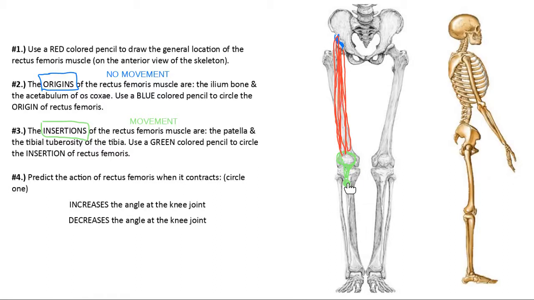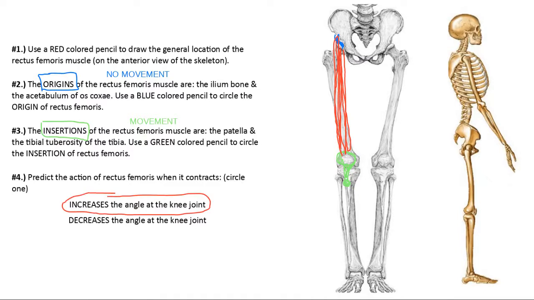When I take this insertion and I move it toward my origin, that's what you're doing. So if you touch that bump just below your knee, and then you move that bump toward your hip, that's when you're pulling your tibia forward. That's when we are increasing the angle at the knee joint. That's extension.